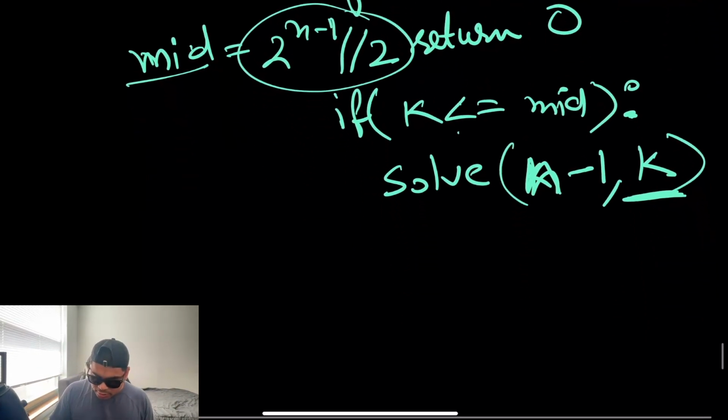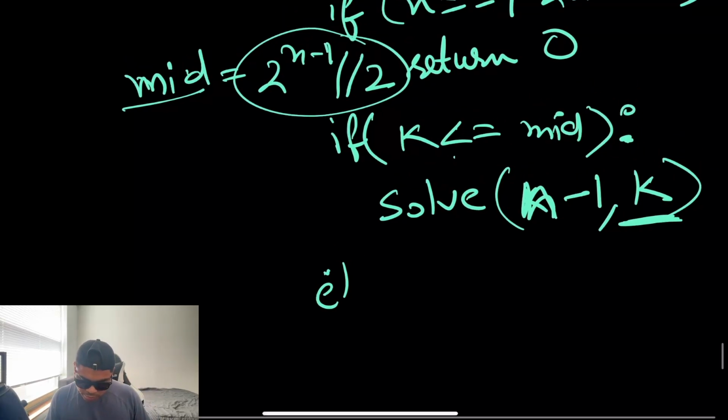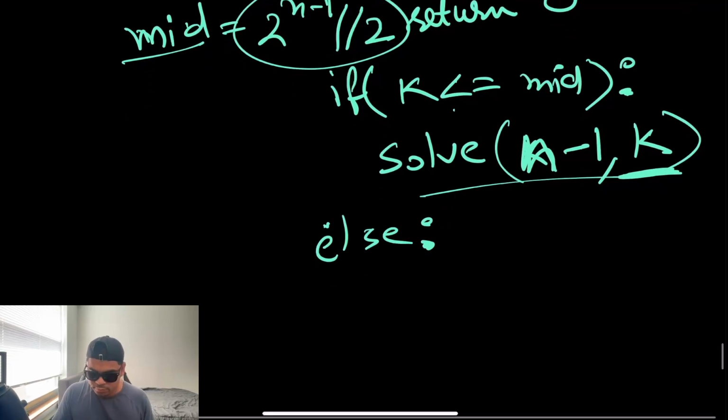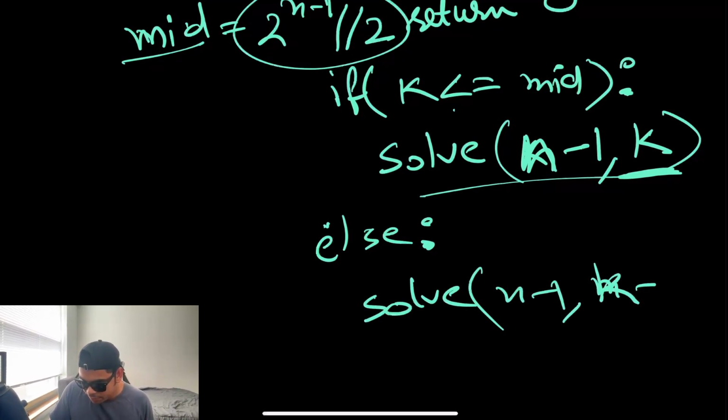Otherwise, what I'll do is just else, because right now this won't happen. So the else case would be basically k will be greater than the middle of the generated string. Else, solve n minus 1 but k minus mid.